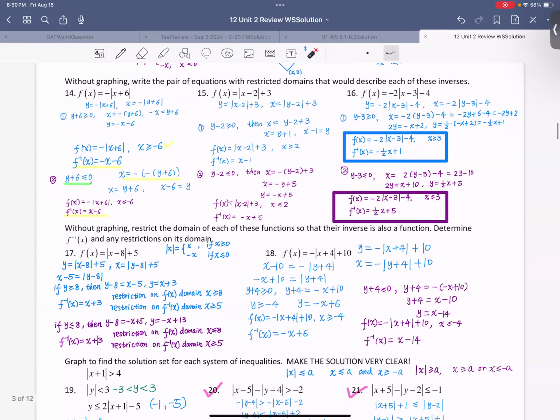If you finish number 16, go ahead, try number 18 one more time, okay?